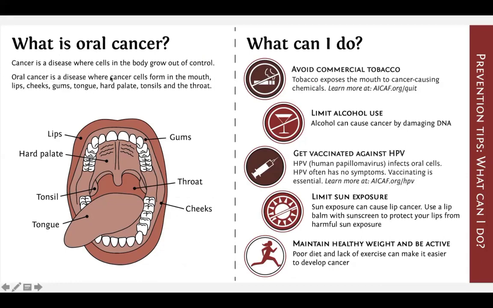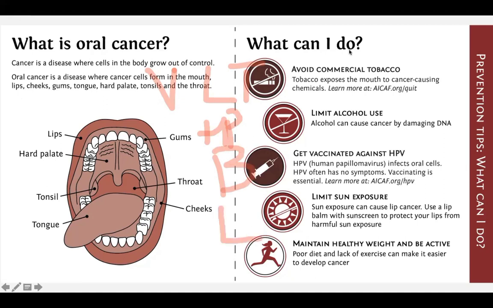Oral cancer is a disease where cancer cells form in the mouth, lips, cheek, gums, tongue, hard palate, tonsils, and the throat. These are common sites, but still 4 are the most common: lateral tip of the tongue, lateral aspect of the tongue or ventrolateral, hard palate, buccal mucosa, and lips.